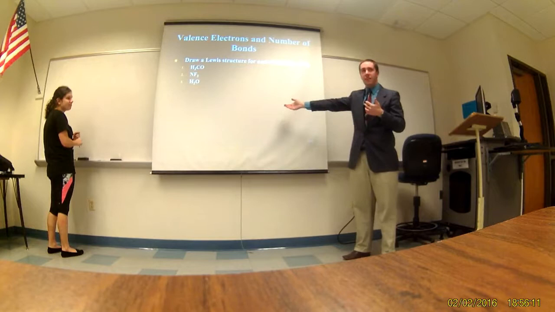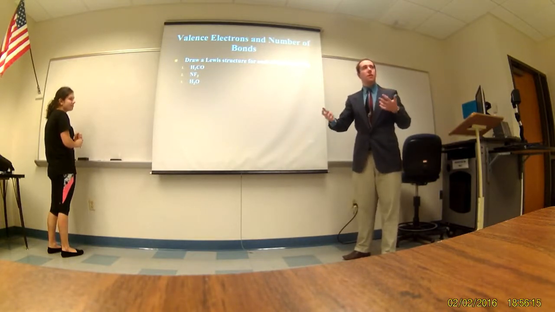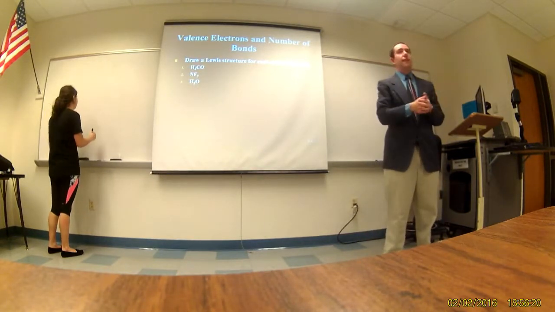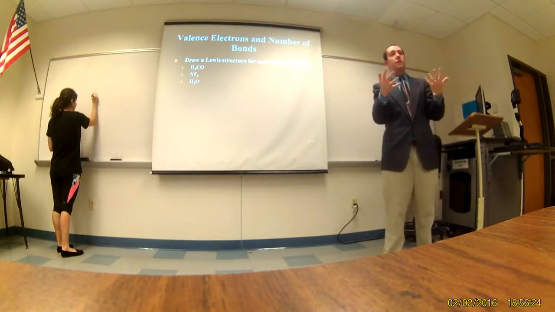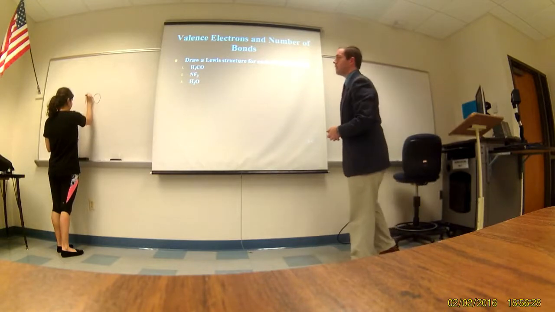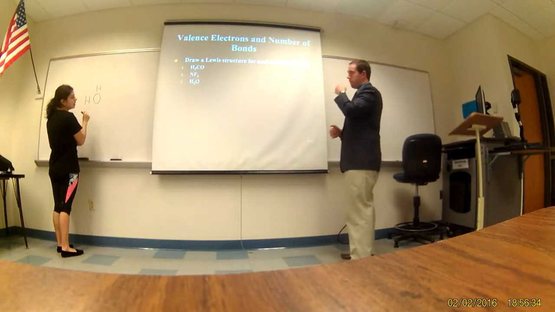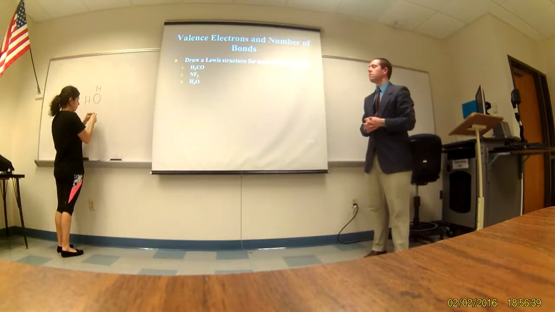But all she has is hydrogen and oxygen. And so which one do you think is going to be in the middle? Something's got to be in the middle. Oxygen. Put oxygen in the middle. Hydrogen can't be because it can only form 1 bond. So it can't bond to 2 different oxygens. So she'll put her oxygen in the middle. Got her 2 hydrogens. How many electrons does she have? 8. She's got 8.